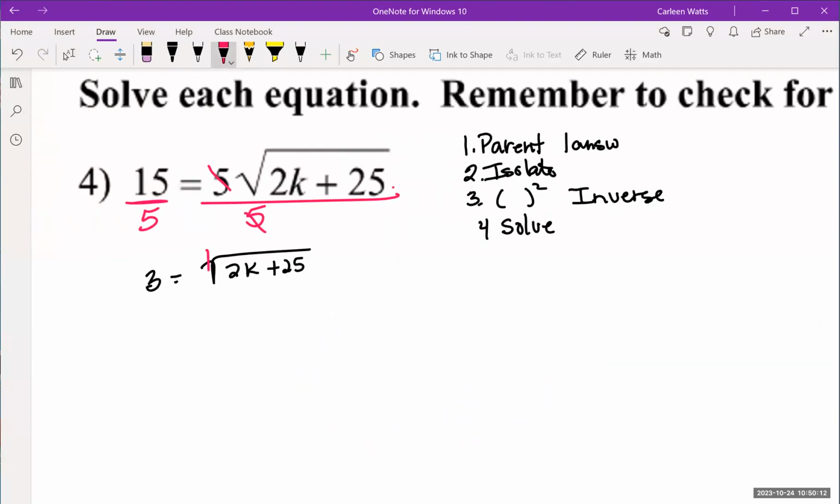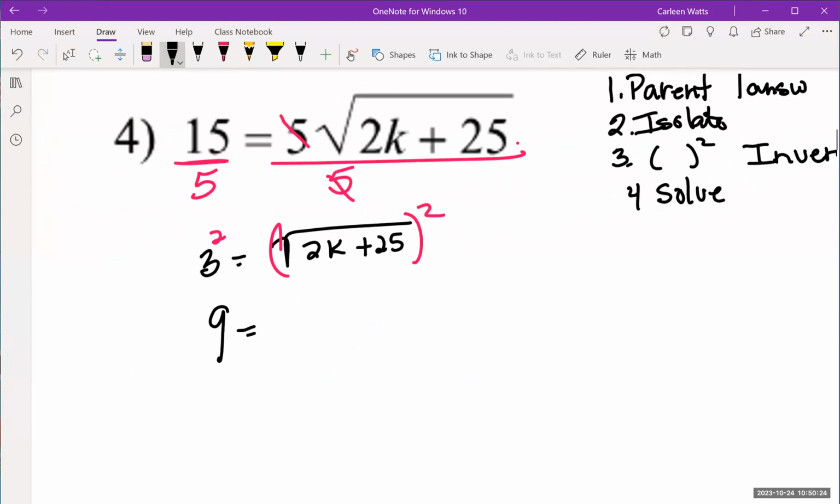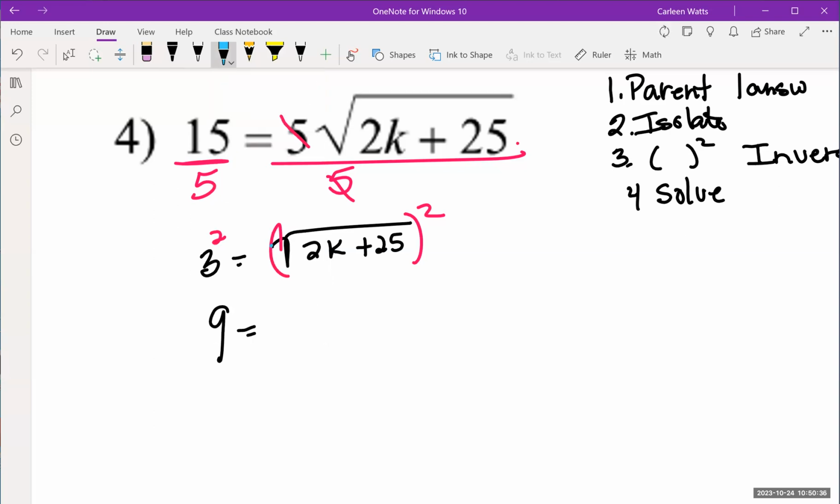Okay. So now I'm going to square both sides to get rid of the square root. So 3 squared is 9. So what happens right here with the square root and the squared? They are going to cancel each other. The square root and the squared cancel each other, and the 2k plus 25.